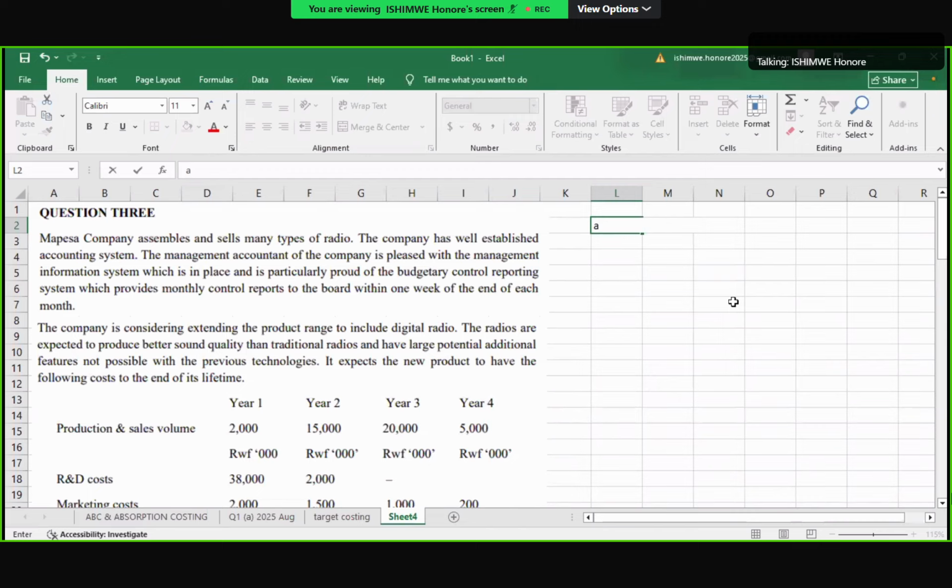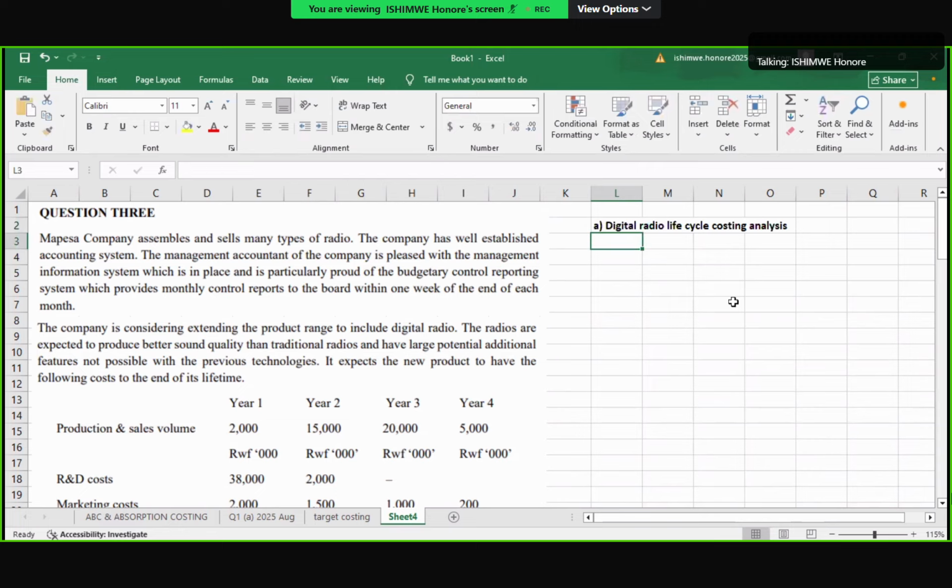I think that wording can also be better than what I was trying to write. There are no marks for this; here we're spending time for nothing. Digital radio life cycle costing analysis.